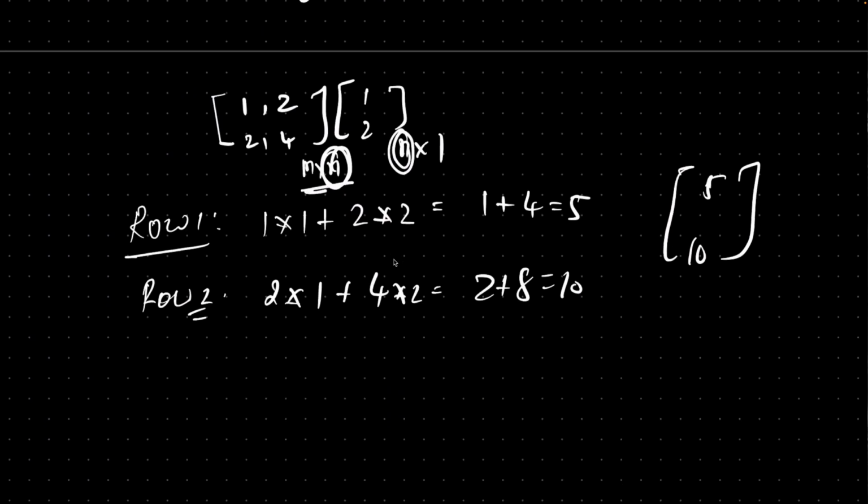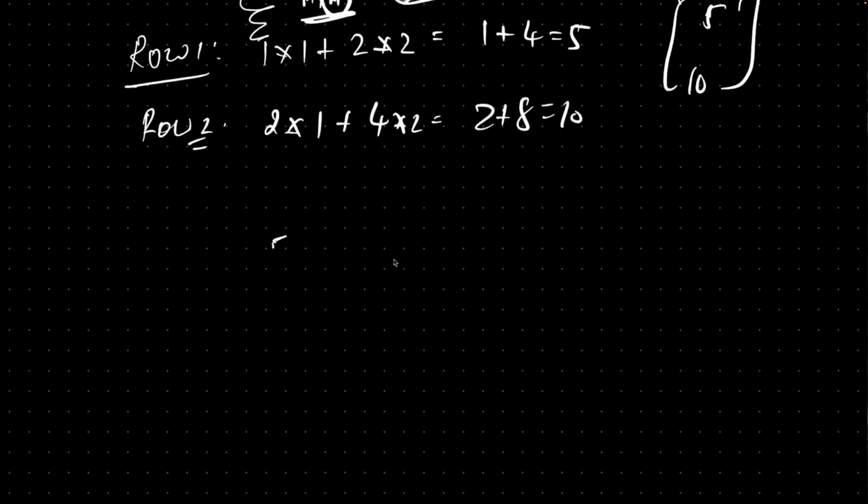If the matrix size is m into n and the vector size is n, then your result size is m into 1, right? For each row you're going to multiply with the vector. So if you have as many rows, that will be the size of the result.